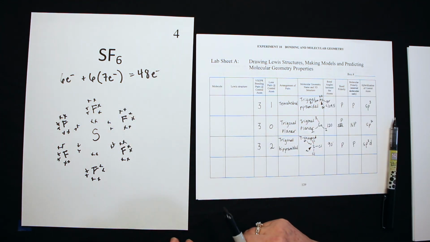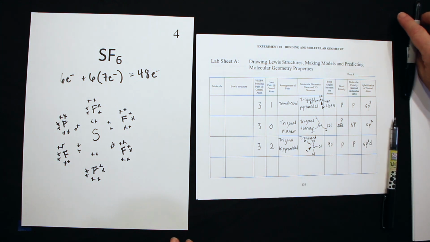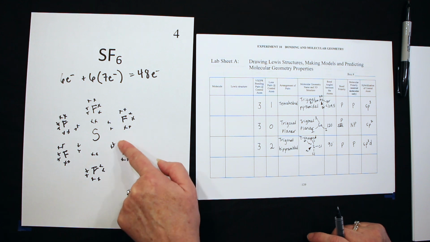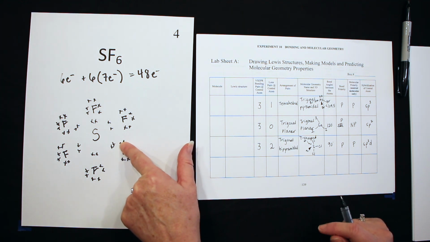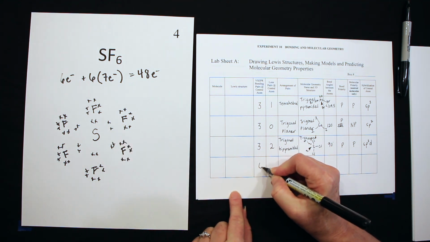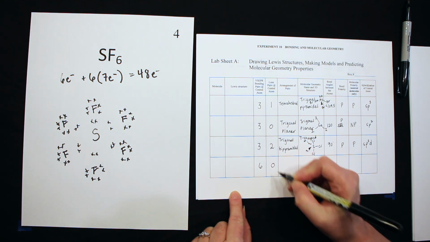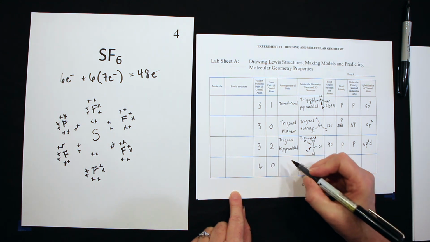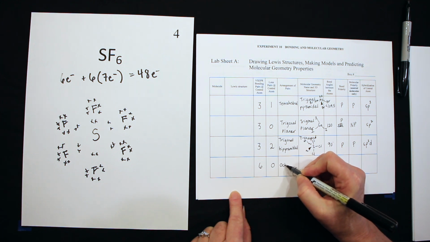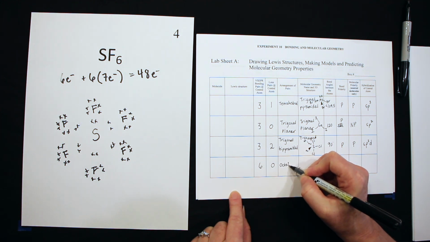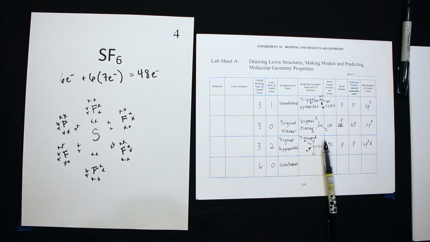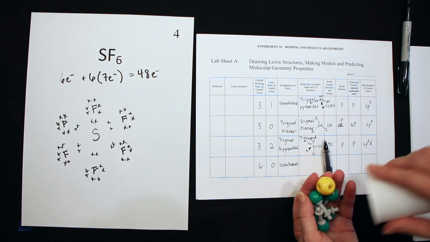I don't need to do anything else with this molecule. I have 6 bonding pairs and no lone pairs, and any combination that adds to 6 is an octahedral arrangement of pairs. So let's build that one.